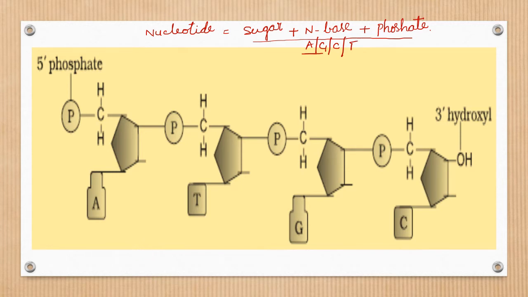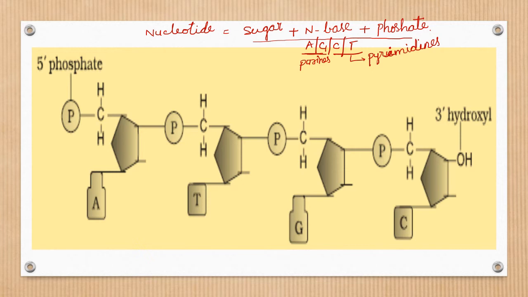Here adenine and guanine we will call the purines. Cytosine and thymine we will call the pyrimidines. We have studied this. Now these nucleotides are joined through the phosphodiester bond.